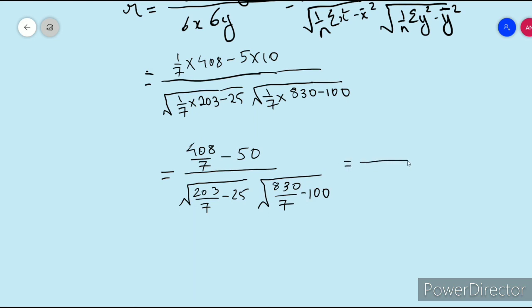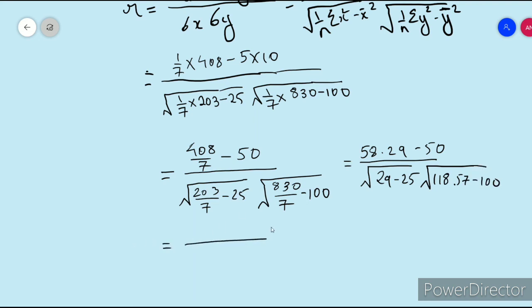Let me write this here, save some space. So 408 divided by 7, use your calculators, you will get 58.29, subtract 50. 203 divided by 7, we get 29, and we subtract that by 25. 830 divided by 7 gives us 118.57, and we subtract that by 100. So this gives us 8.29.